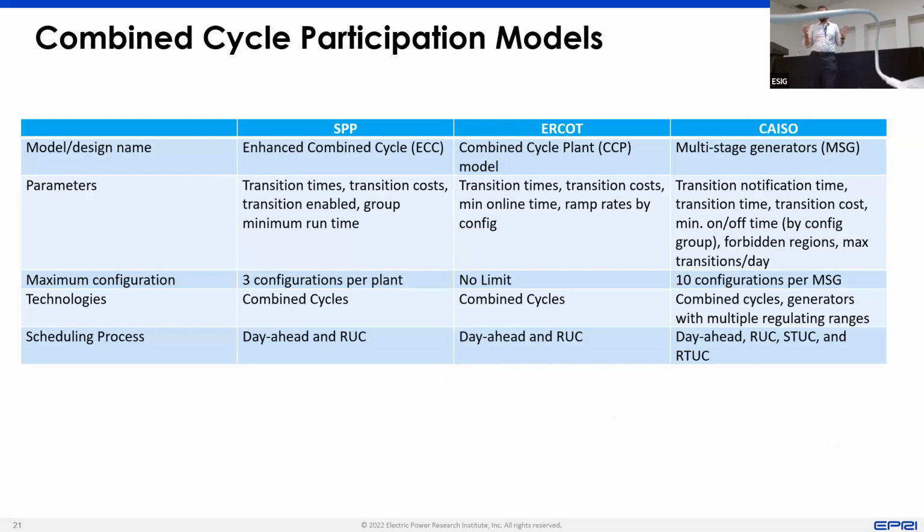And again, this is sort of that objective of, by having this configuration-based participation model where I can actually give the information on not just one facility, but the combined facility of the combined cycle, adding that granularity has economic efficiency gains, right? And that's why they were introduced in these regions.